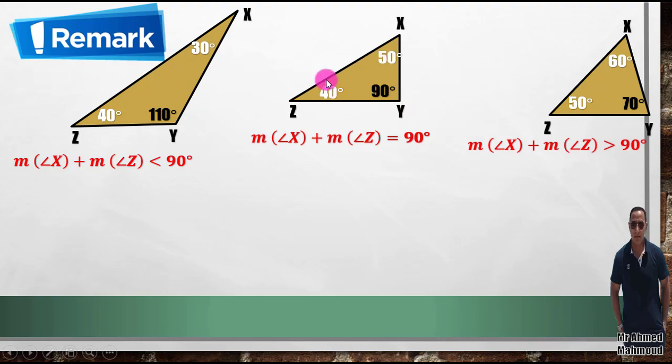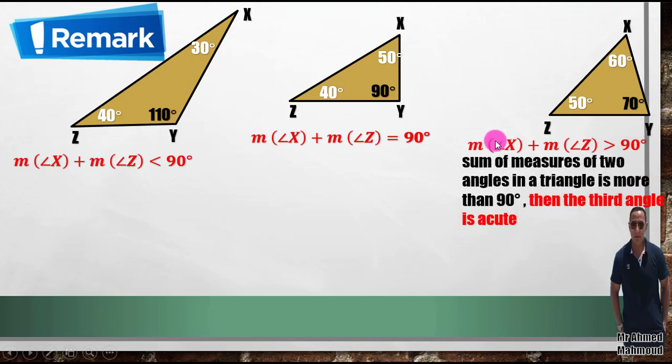And if the sum of two angles equals 90, we get a right angle triangle. If the sum of two angles is less than 90, this is an obtuse angle triangle, because remember with me, the acute angle is smaller than 90, the right angle equals 90, the obtuse angle is greater than 90.